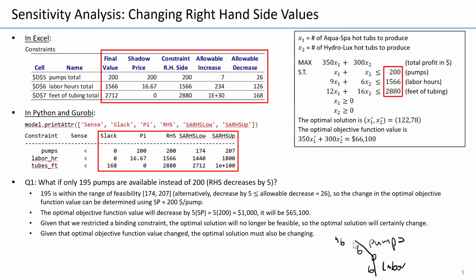So when we're changing the right-hand side of the pumps, the line is no longer here, it's going to shift somewhere here, and therefore this solution is no longer optimal. It will move somewhere, the same constraints will be binding, so the solution will be somewhere here, and this is why we will lose $1,000 of profit, right?